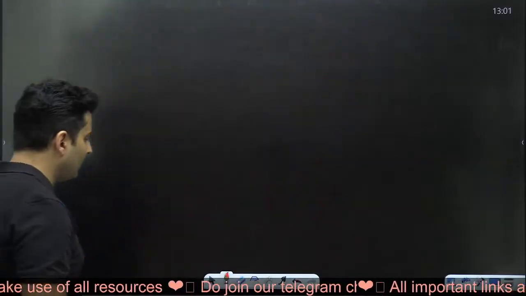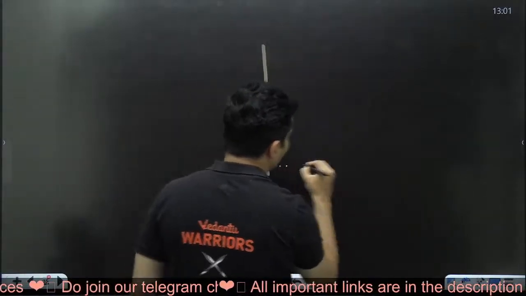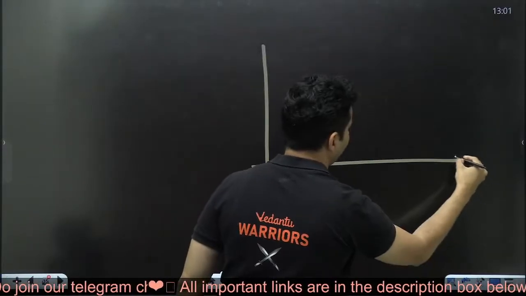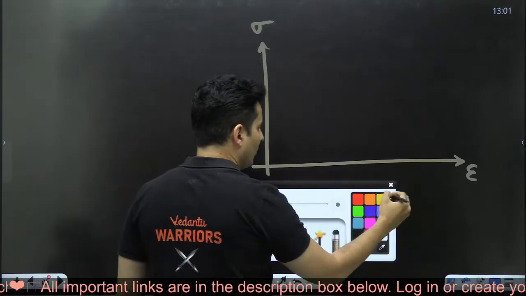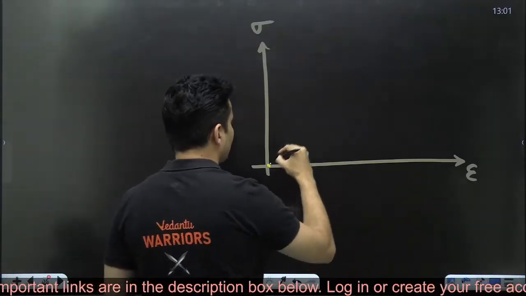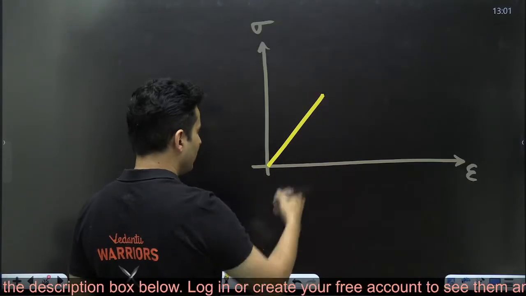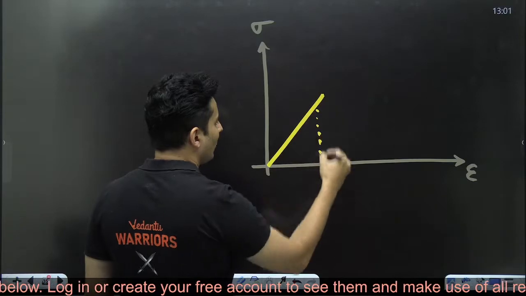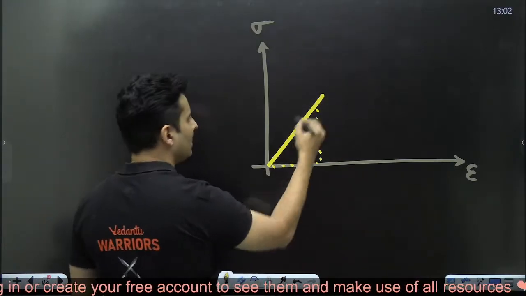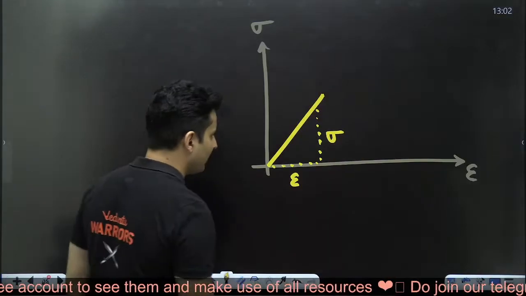Now, in this particular stress versus strain graph, there is one important thing which you should probably realize. This is strain. This is basically stress. So imagine this, as I'm going up, increasing the stress and increasing the strain. At any point, if you ask me what is the height and what is the base of this particular triangle, the base will be strain, the height will be stress.